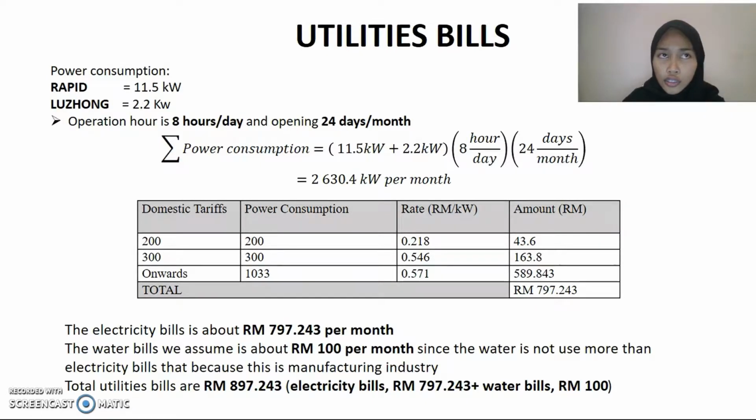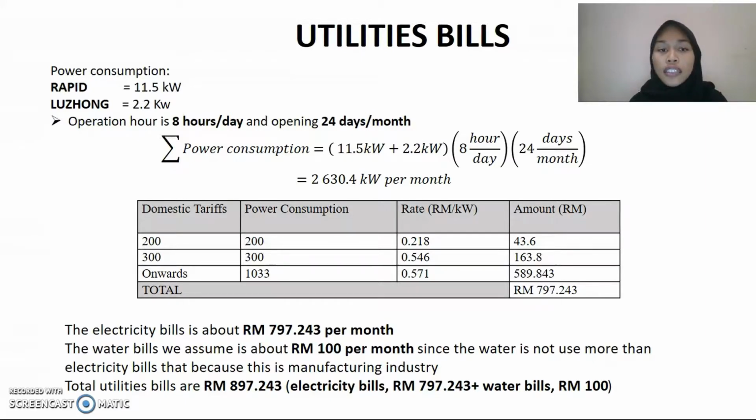And then the utility bills. The power consumed for the Rapid is 11.5 kilowatts and the Luzong is 2.2 kilowatts, and the operation hours are 8 hours per day, open for 24 days per month.